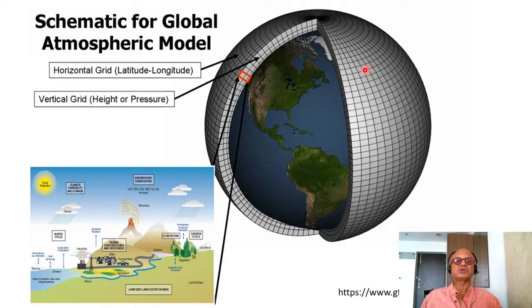You find many such schematics online if you wish. So let's start with this one here. We are looking at how the atmosphere is split into grids, because those equations that we looked at cannot be solved by hand. So we discretize them by splitting the atmosphere into many boxes in the vertical and in the horizontal.